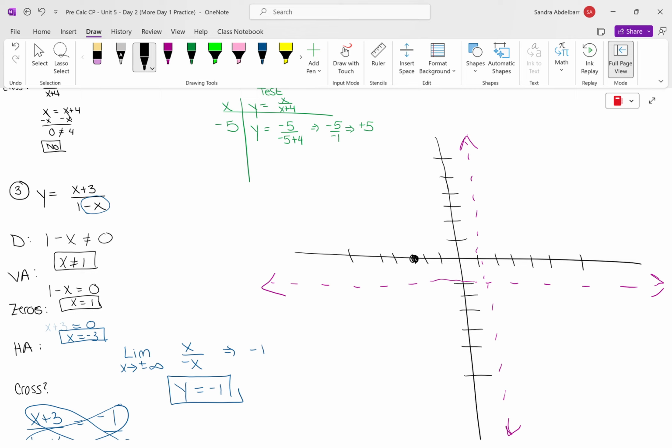How do we have a 0 at x equals 1? Oh, negative 3, sorry. X equals negative 3, here we go. So because we have that 0, do we know how the graph on the left looks? We should know how the graph on the left looks. So we're going to hug the horizontal asymptote that way, and then what should I do? Go to the vertical asymptote and hug it that way.